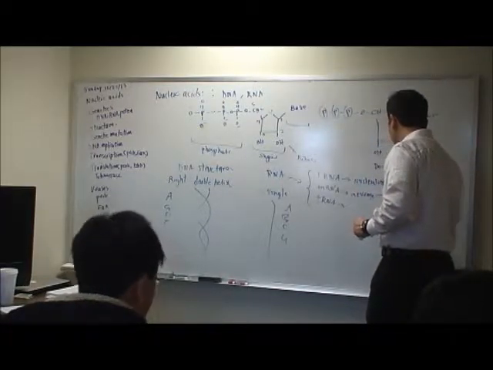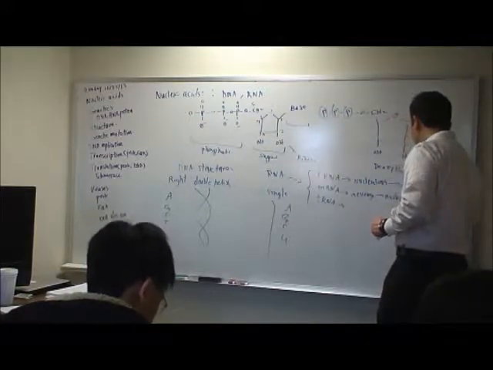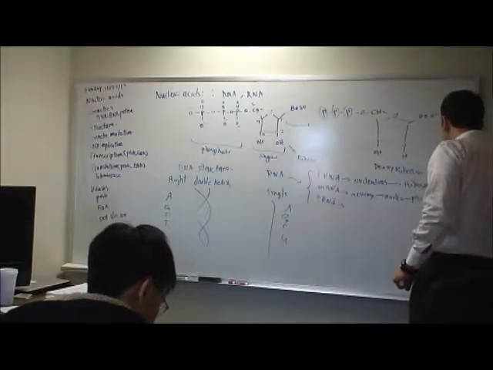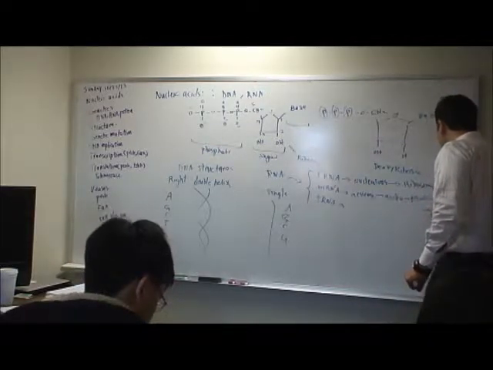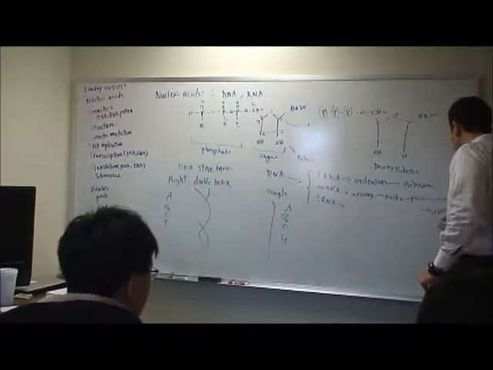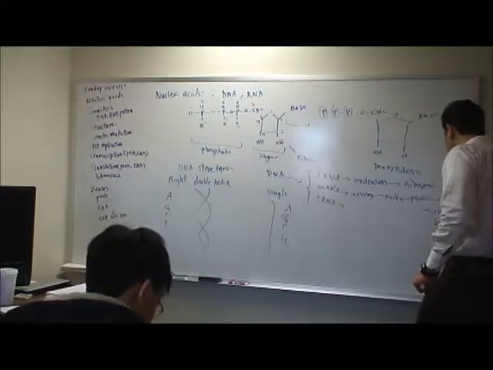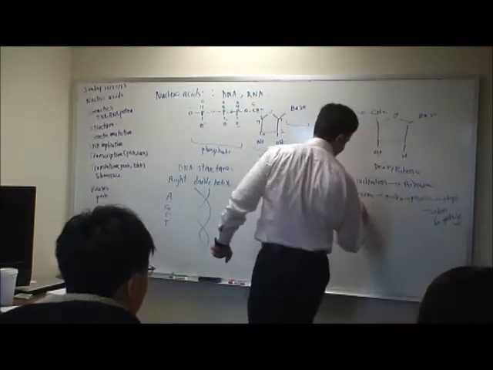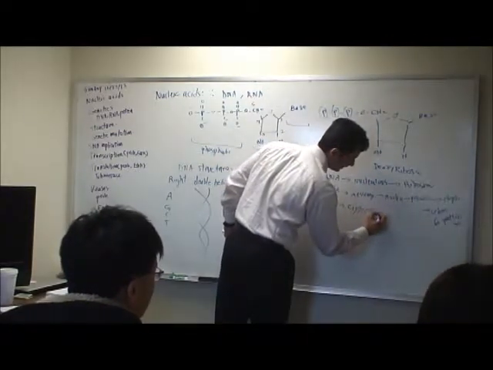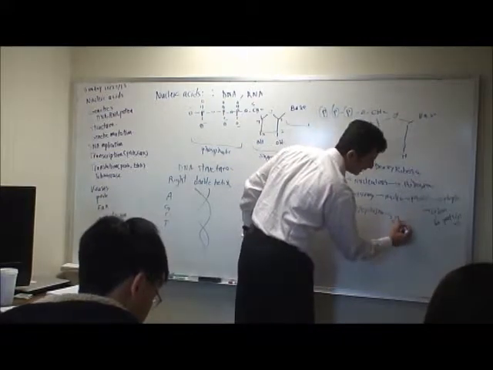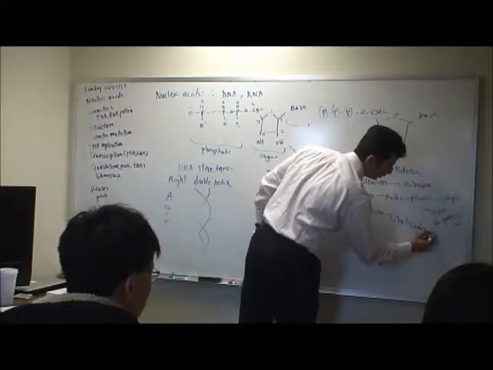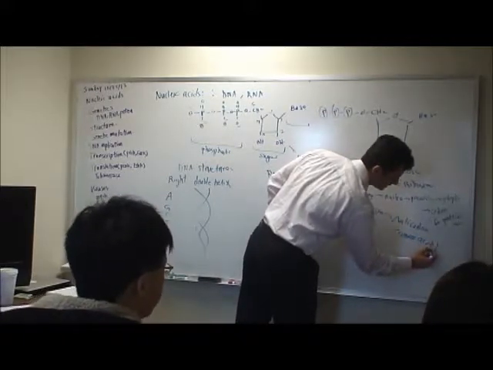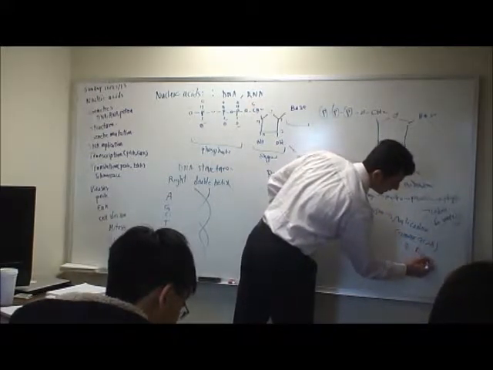You make it in the nucleus, you process it, and then you send it into the cytoplasm, and it has a codon, which is the genetic language for protein synthesis. tRNA is in the cytoplasm and brings the anticodon, or in parentheses, the amino acid. It brings amino acids to the ribosomes.